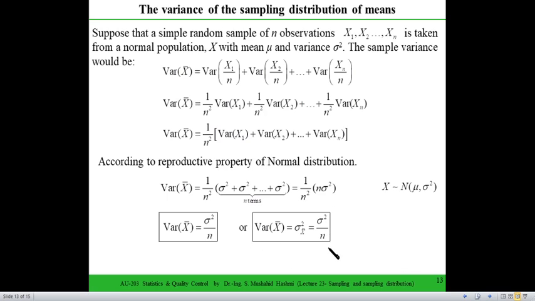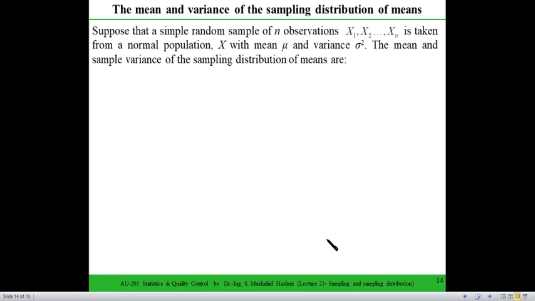Now we have seen it analytically, exactly the same result. So the mean and variance of the sampling distribution of the mean are represented like this: x bar is the sample mean, and the mean of the sample mean is the same as the population mean, and the variance of the sample mean is not exactly the population variance, but the population variance divided by n.